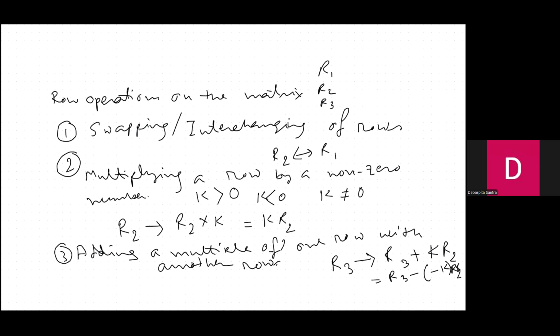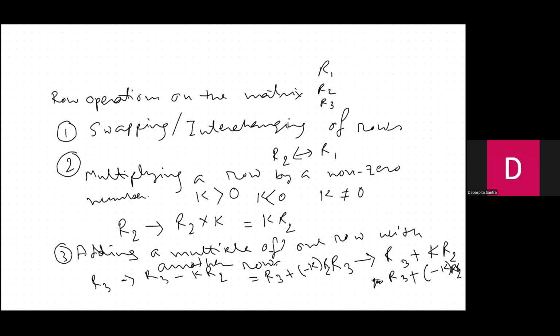If we want to subtract, R3 is equal to R3 minus k into R2. So basically R3 is equal to R3 plus minus k into R2. That is addition, but we are adding a multiple of row R2 which is multiplied with minus k.